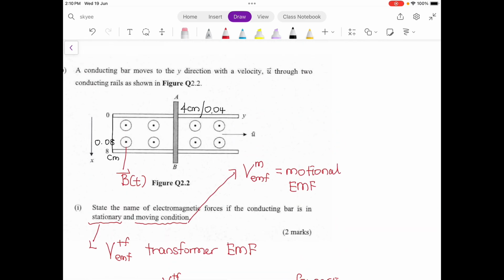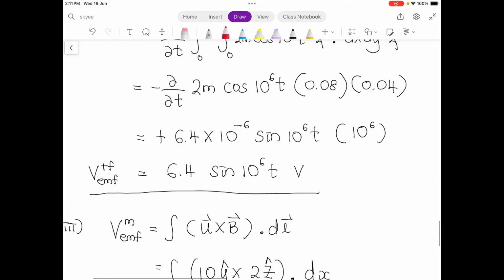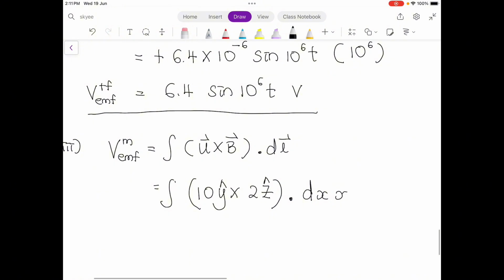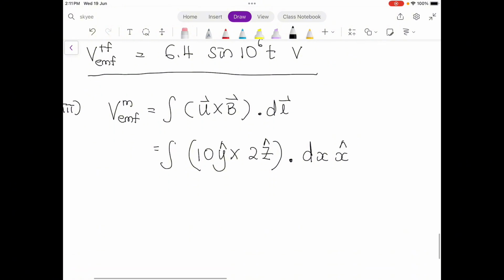Why it is x, you can refer here. This is your moving bar, right? The length of your moving bar follows dx, so it is dx in the x direction.